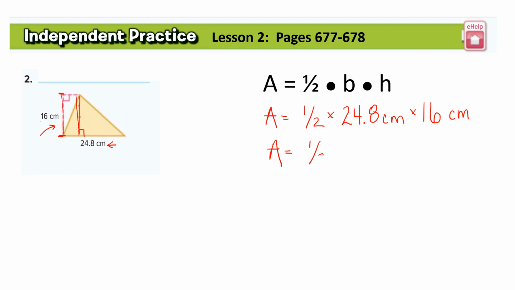So I could actually write it like this: 1/2 times 16 times 24.8. And then I could multiply 1/2 times 16, which half of 16 is 8.